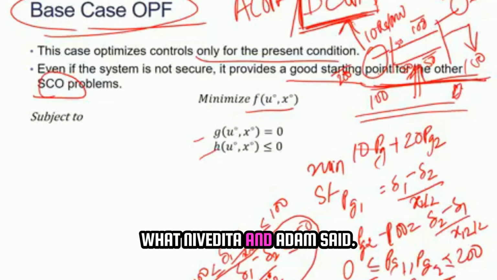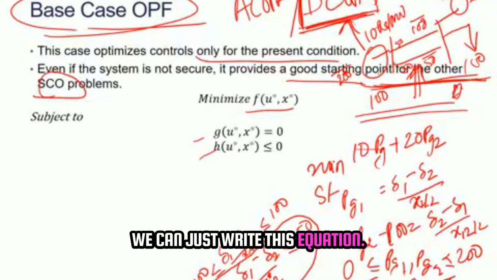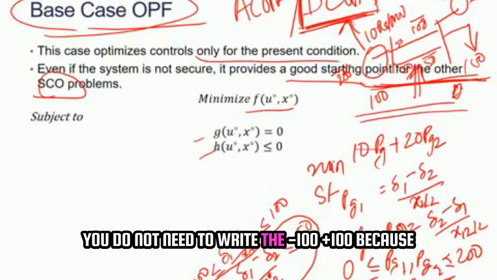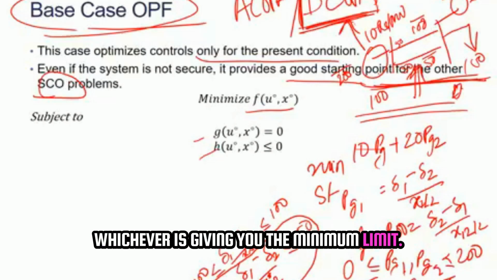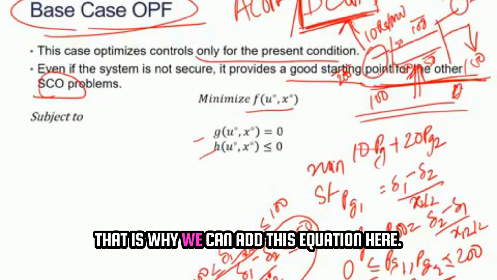What Nivedita and Adam said is partially correct, because for this system, yes, we can just write this equation. You do not need to write the minus 100 to plus 100, because whichever is giving you the minimum limit, since the reactances are the same, that is why we can add this equation here.